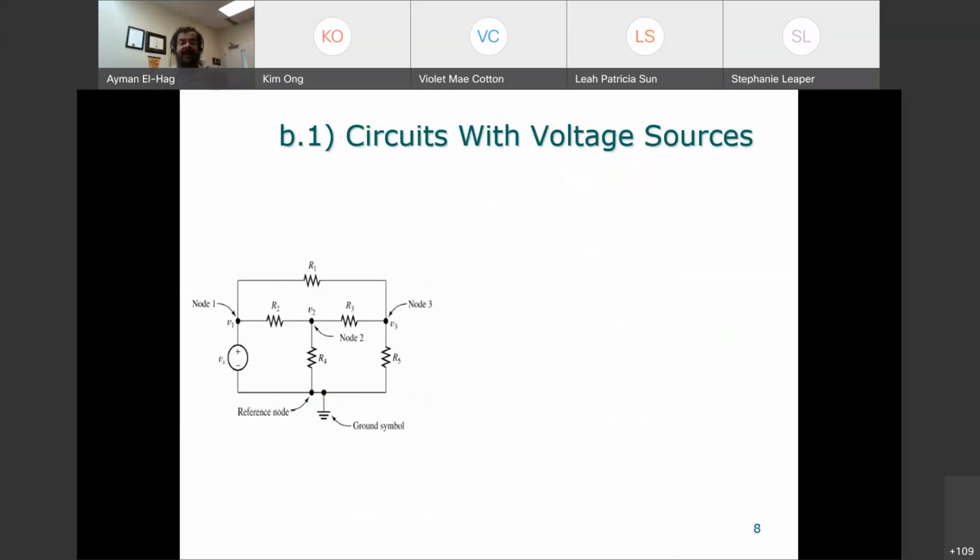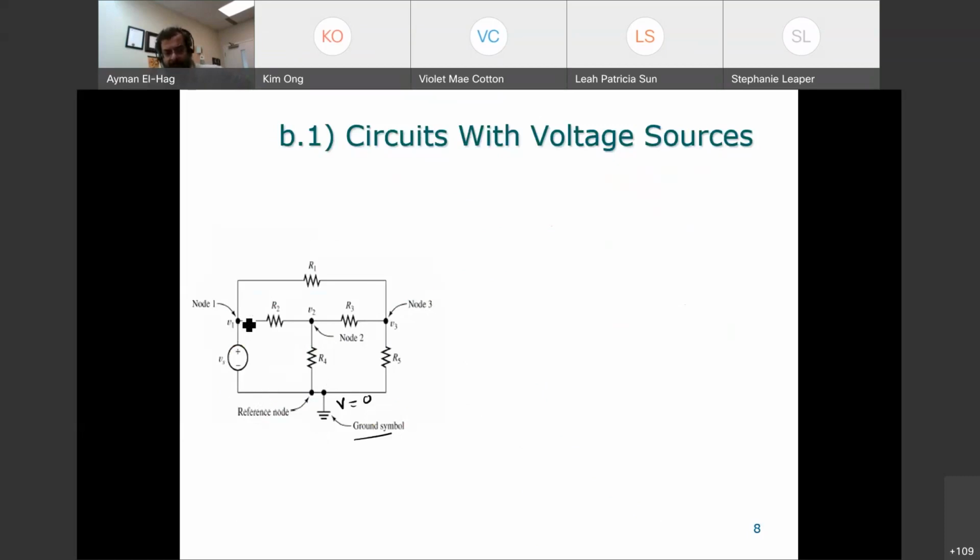Okay, now let's go for the second case where we have a voltage source, not a current source. So the current source is okay. Now, again, we'll do the same thing. We will assign nodes. This becomes V equal to 0. This is our reference. Now, one thing you notice here, what is V1?